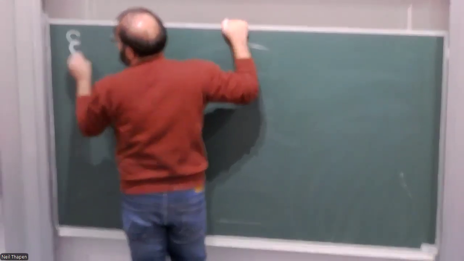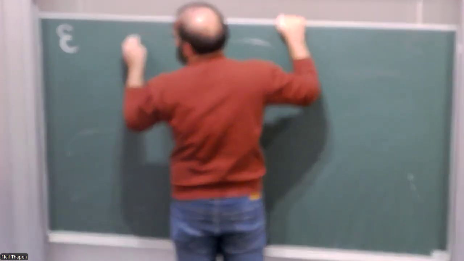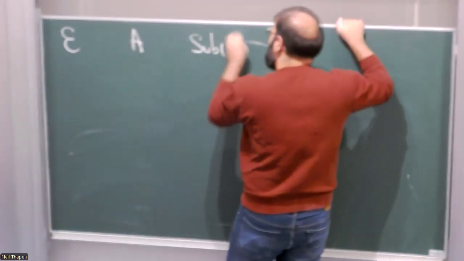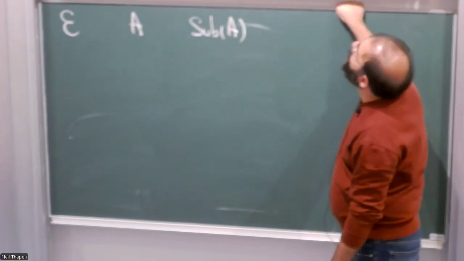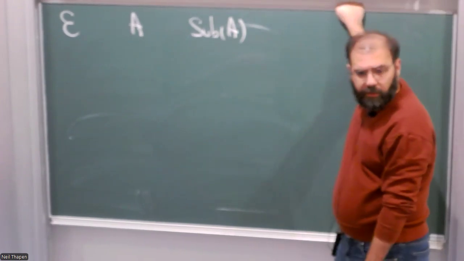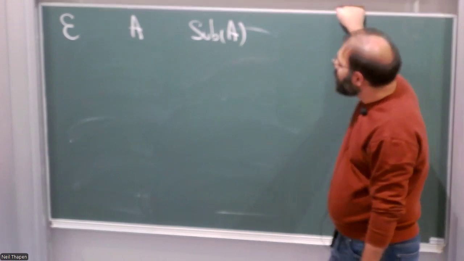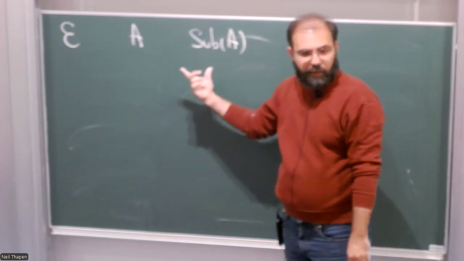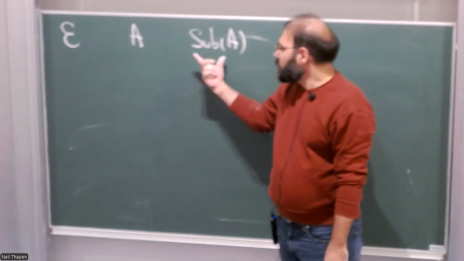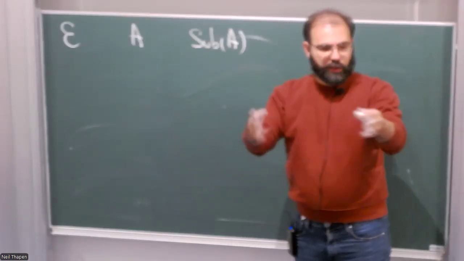If you have a category E, we saw that if you have one object A, Sub(A) is a poset, right? And the structure that you have on this poset is kind of your logic. Why? Because what is logic? When you write logical things, you write some predicates and conjunction, disjunction between them.